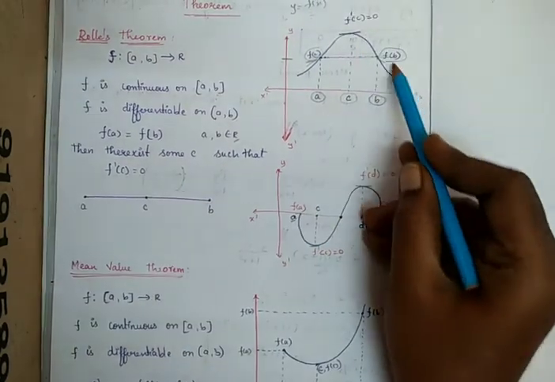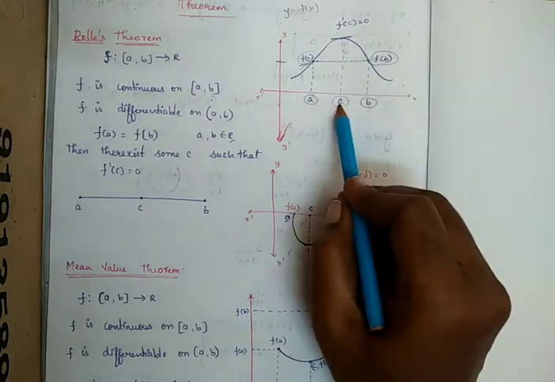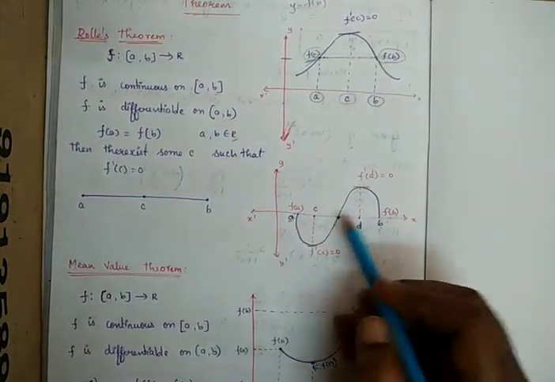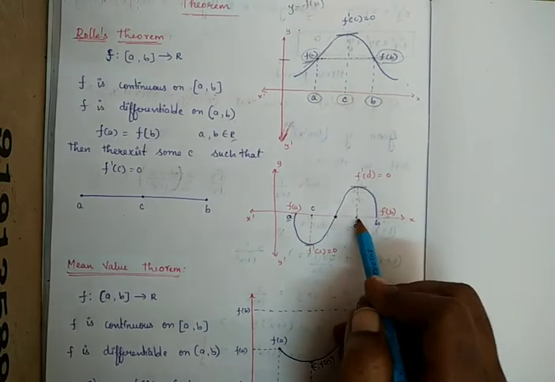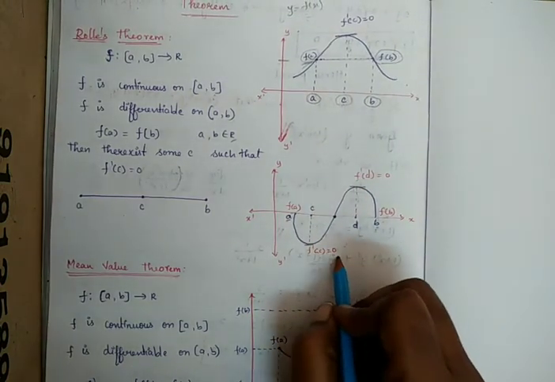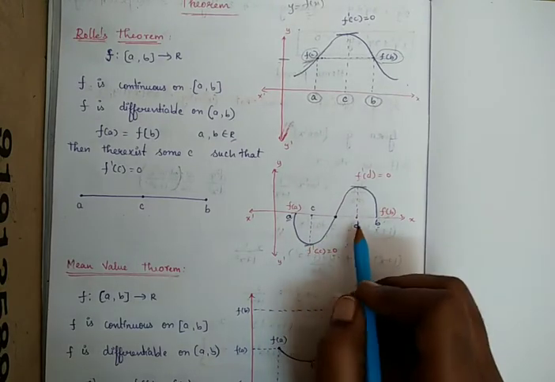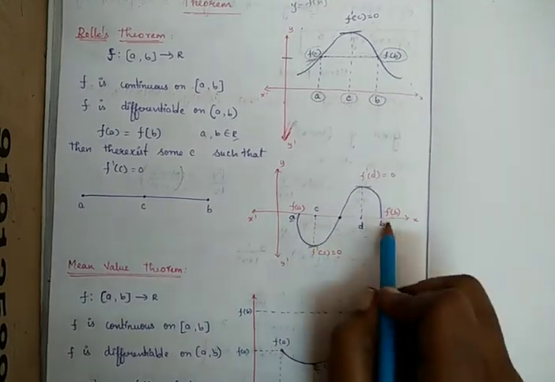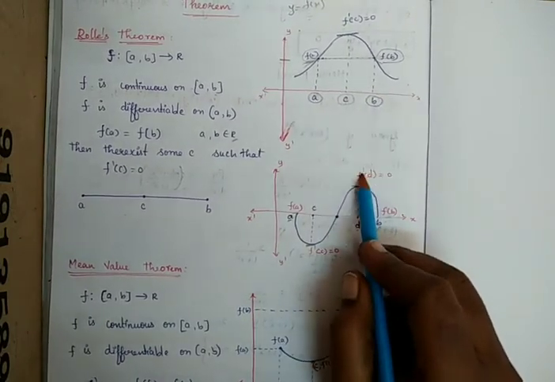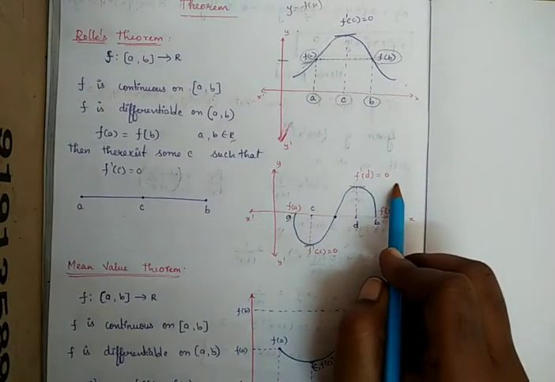Suppose my curve is in one way, I will have only one point. Suppose my curve is in this way, I will get two points here. c is one point, where f'(c) will be 0 at the lower side, and d is another point between a and b, and in that case also I will get the derivative value equal to 0.